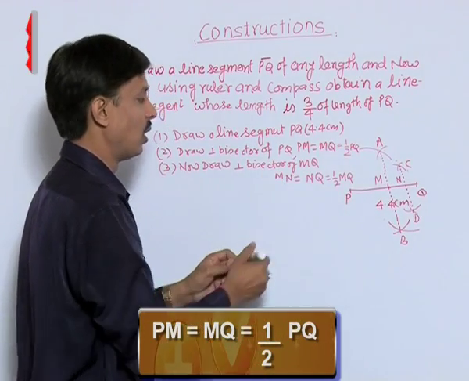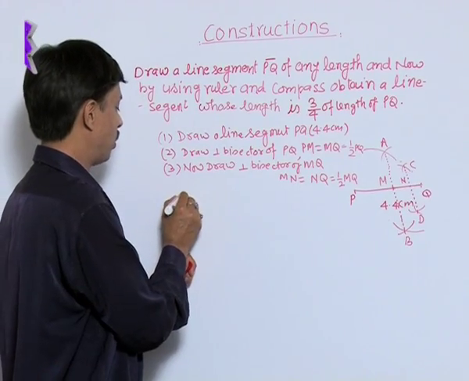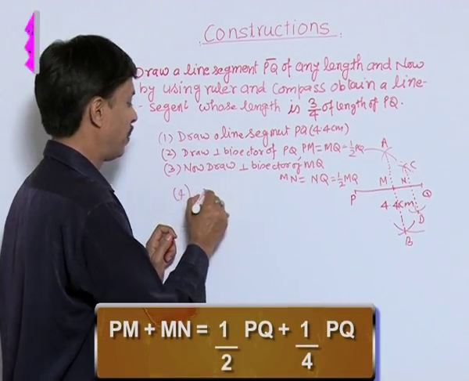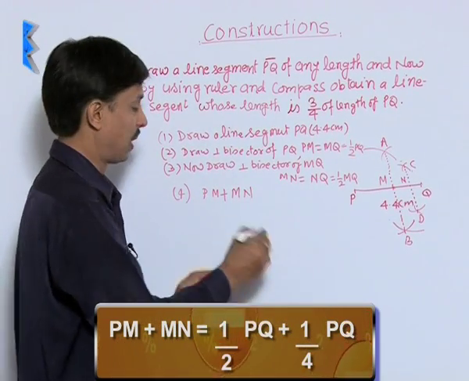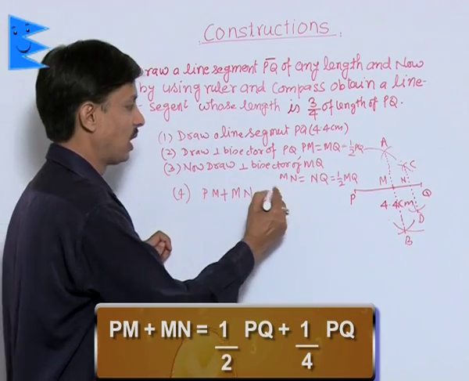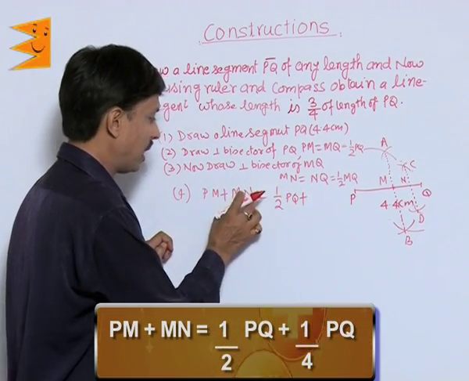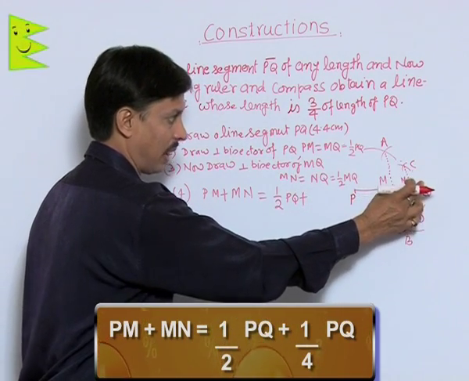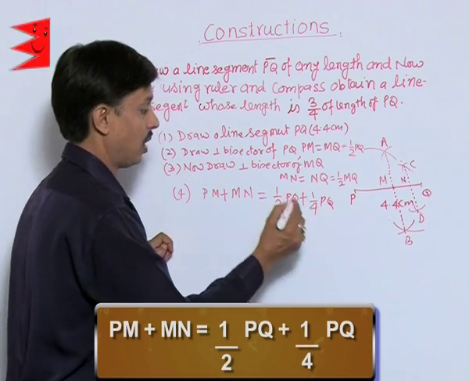This we can conclude. So from here, what we can conclude? In the fourth step, I can say PM plus MN. PM is half of PQ, MN is half of MQ, but MN is 1/4 of PQ.